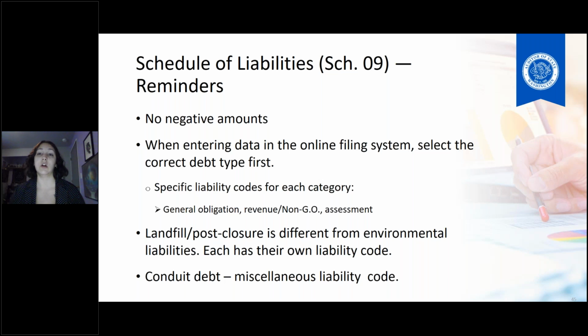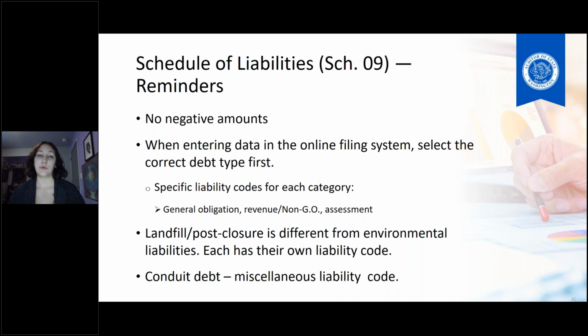So that means if you couldn't make those debt payments, you would actually raise taxes within your legally allowed limit. That way you can make those debt payments. But if you are not pledging the taxing power of your government, it automatically falls out of that general obligation debt category. And instead, you would want to use probably that revenue and non-general obligation debt category.